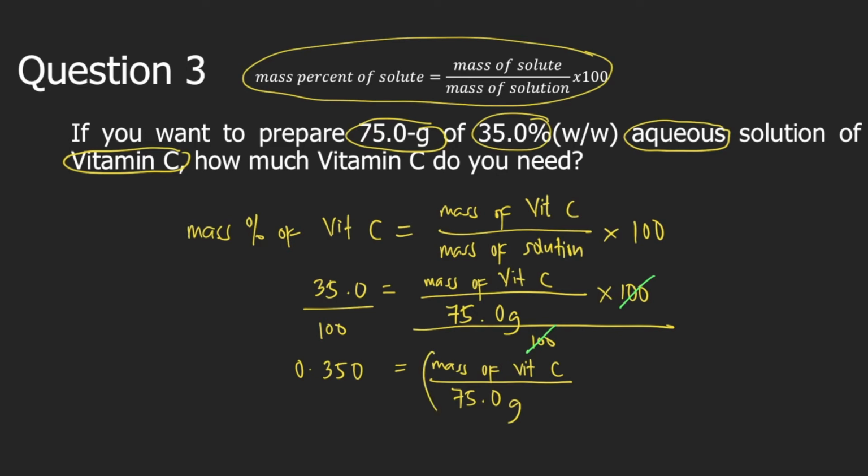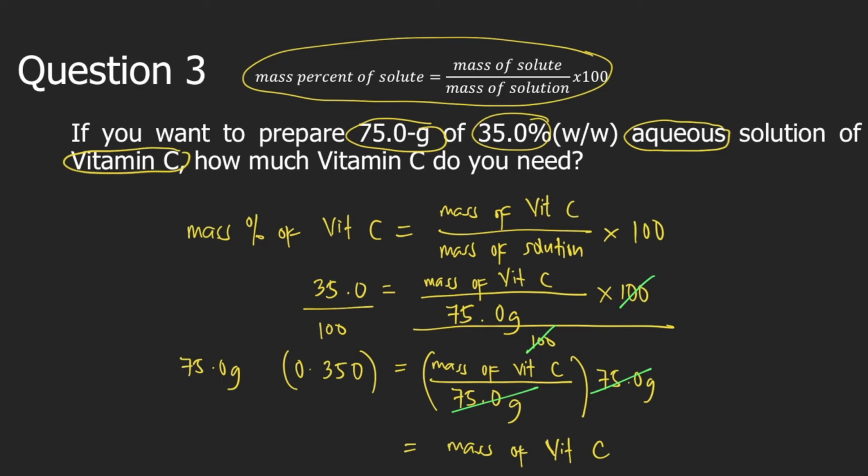Next is to multiply both sides of the equation by 75.0 grams. So that 75.0 grams will cancel on the right side, and what remains on the right side is mass of vitamin C. And on the left side, we have 75 grams times 0.350.